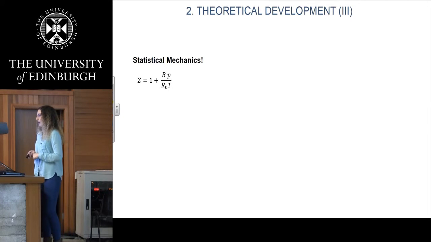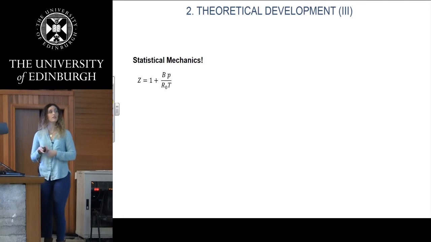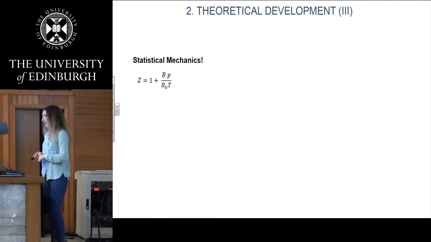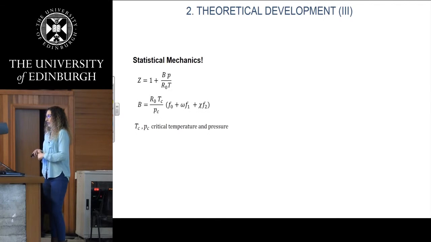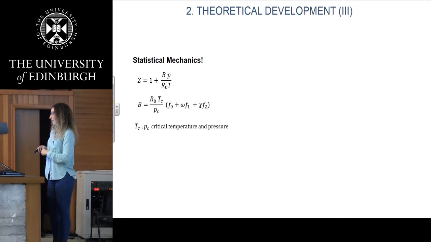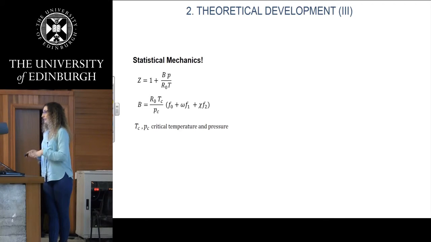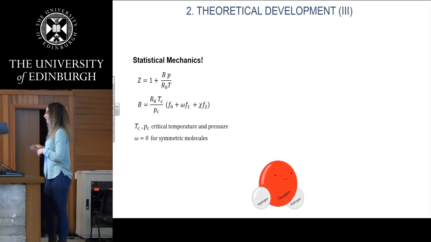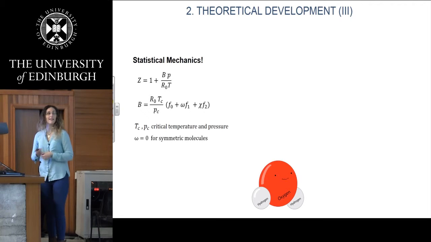So they give me this expression of the compressibility factor that depends on the virial coefficient B, the pressure, temperature, and the universal gas constant R. And also, they give me this expression of the virial coefficient, that depends only on the critical pressure and temperature that are constants for each gas, and also depends on a series of factors F, and omega, that is the eccentric factor. For symmetric molecules it's 0, and well, I'm lucky because the water molecule is quite symmetric.